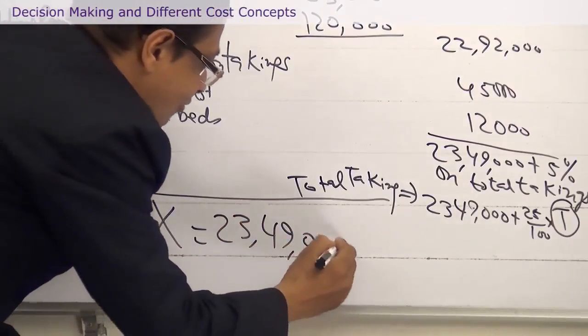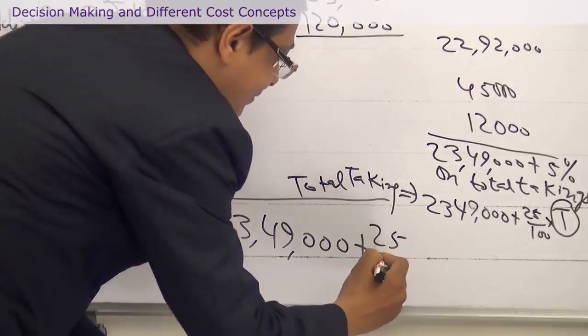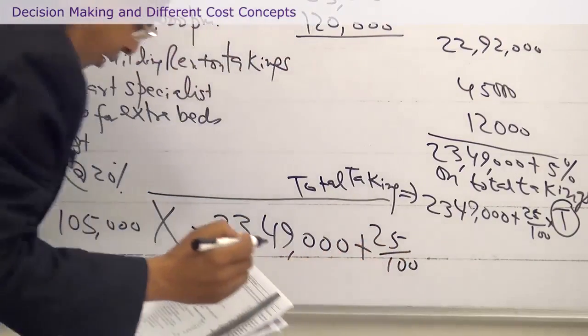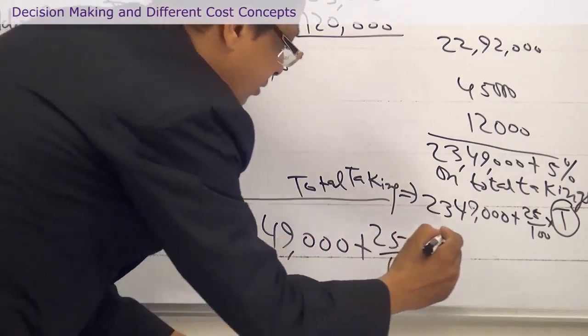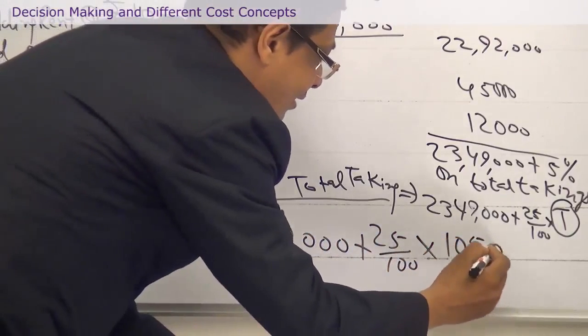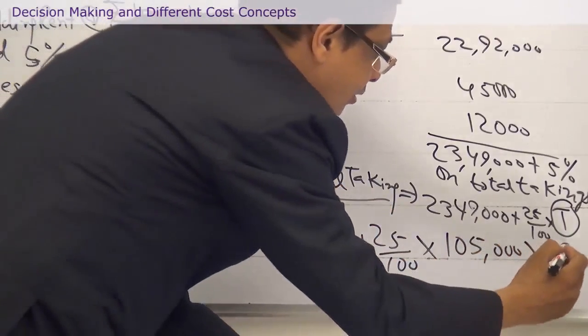23,49,000 plus 25% of x. This is 1,05,000 into x.